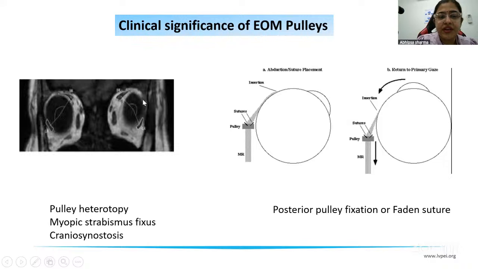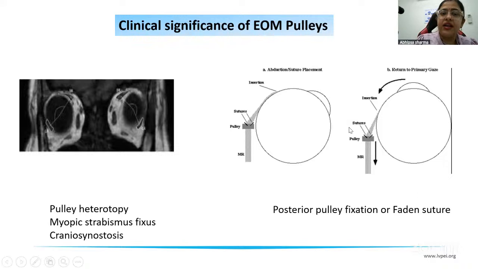This photo is of a myopic strabismus fixus patient, in which the eye has elongated posteriorly, and the pulleys of the LR and the SR have elongated and moved. The SR pulley has moved medially and the LR inferiorly, causing the eye to move in an esotropic and downward direction. So pulley heterotopy has to be known before we operate on any incomitant strabismus.